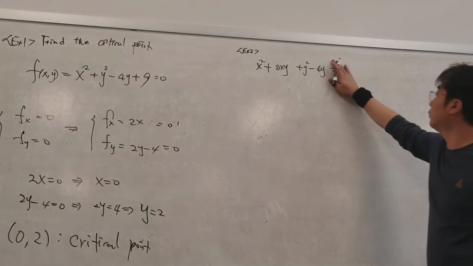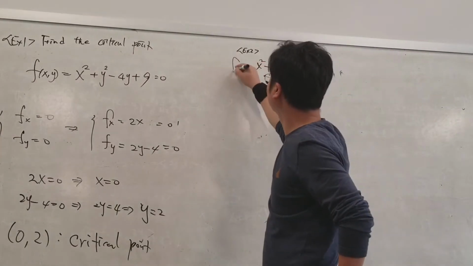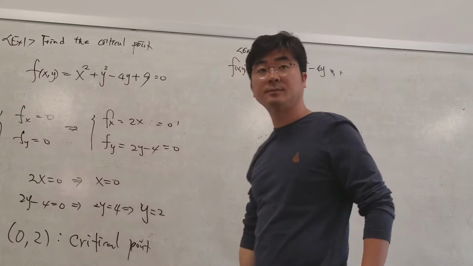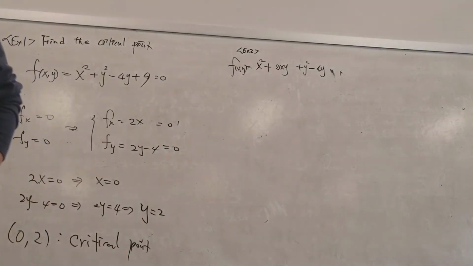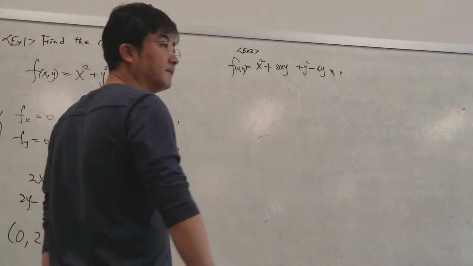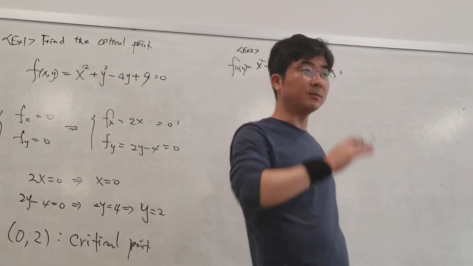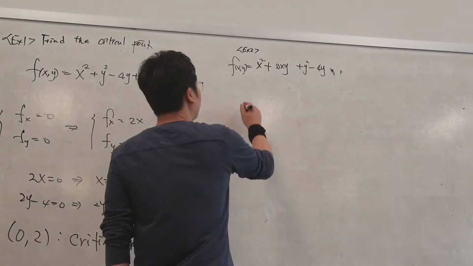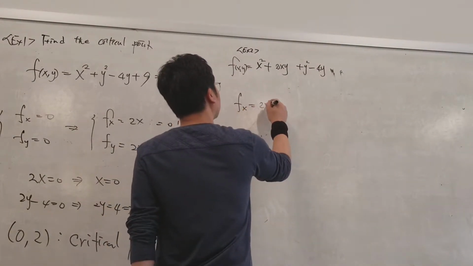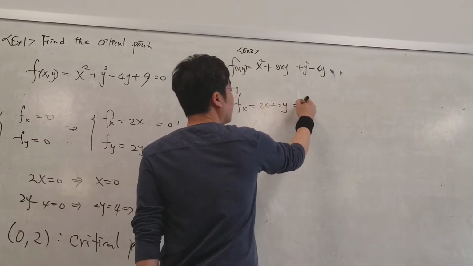So this is my f of x, y, okay? The question is the same: find the critical point. So first of all, to get a critical point, we have to find each partial derivative and set it equal to 0, right? f sub x is 2x plus y, good? That's set equal to 0.